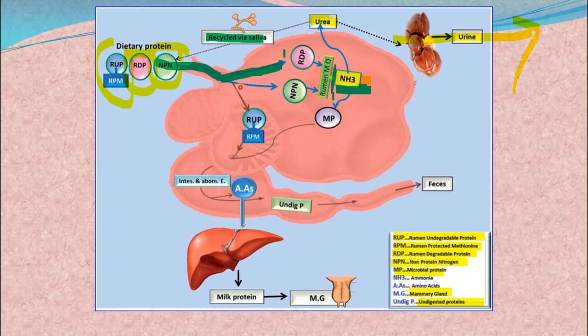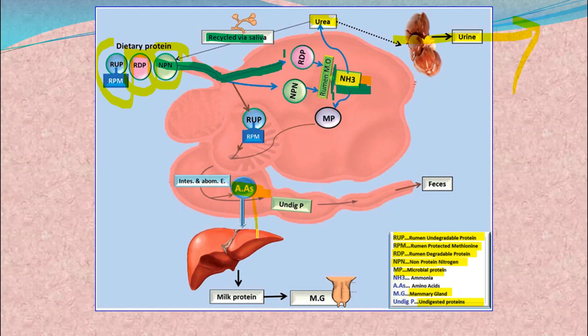Here you can see that they are settling down and converted to microbial proteins. Sometimes they also become the substrates of the microbial protein. Then they enter the intestine and abomasum, where a lot of enzymes are present and convert them into different amino acids.